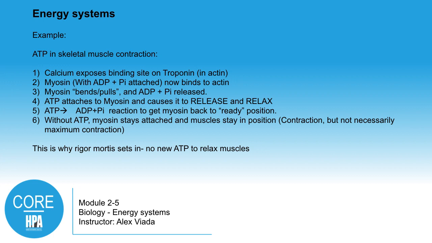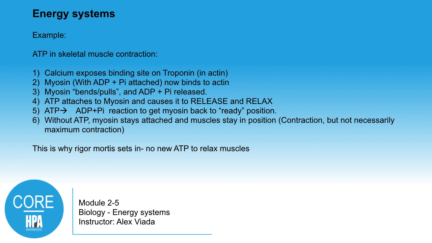Now, actin has a compound, a protein around it called troponin, however you want to pronounce it. This effectively is wrapped around the outside of the actin molecule and actually provides a place for the myosin head to bind.